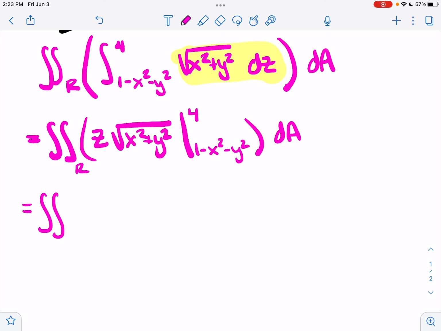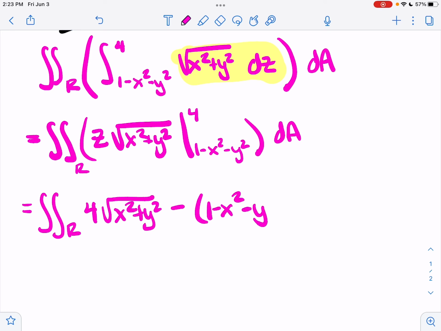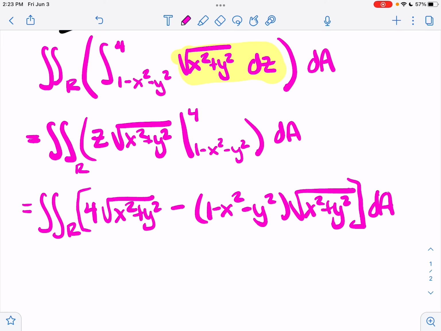So we've got 4 times the square root of x squared plus y squared minus 1 minus x squared minus y squared times the square root of x squared plus y squared. And we're going to do a double integral of this.